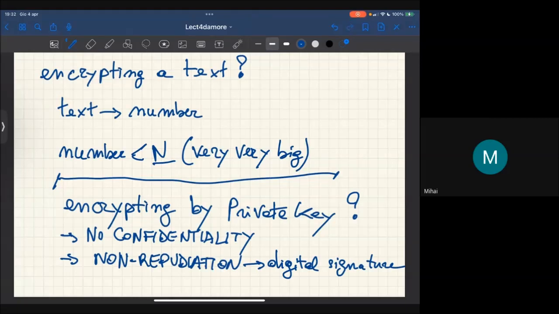Remember that it is very important to be able to use a public key, because the public key is public. Okay. What if the attacker is providing to you a fake public key? You don't know. The public key looks like a sequence of bits. You cannot understand if the public key is correct or incorrect. So the attacker can provide a public key saying, this is the public key of Alice.